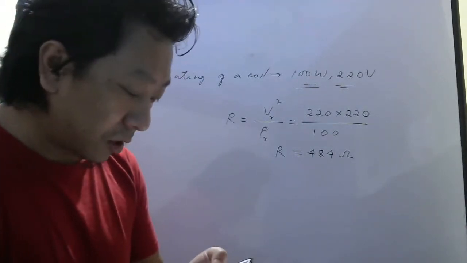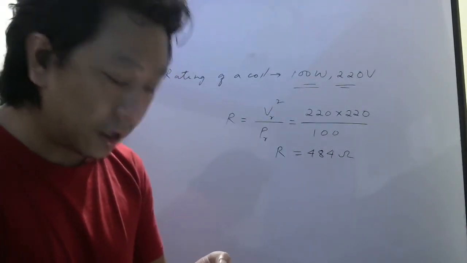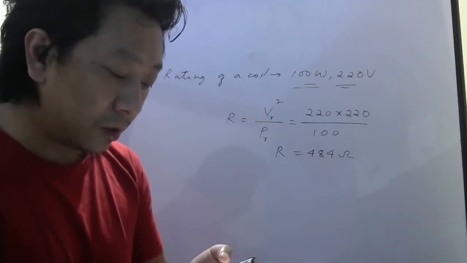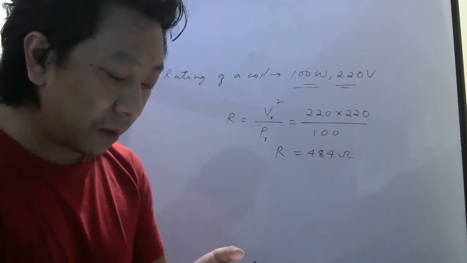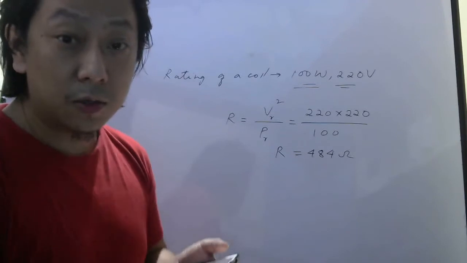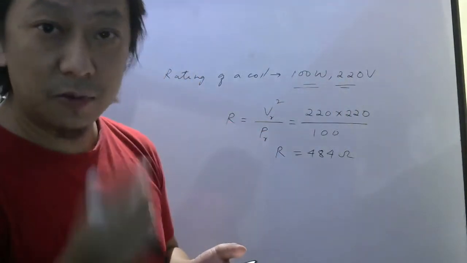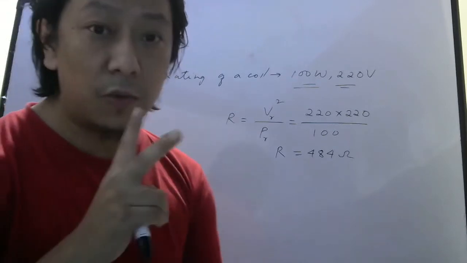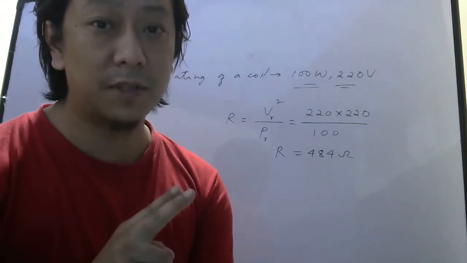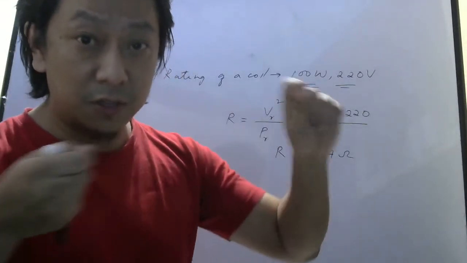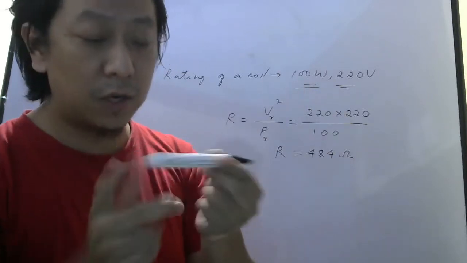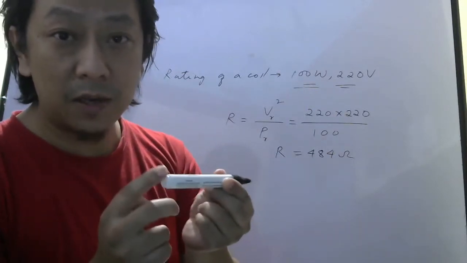Now they are saying the coil is cut in two halves and the two pieces are joined in parallel to the same source. Same source means the voltage will be the same. When you cut the coil in two halves, you are not stretching or compressing, so the area will remain constant.